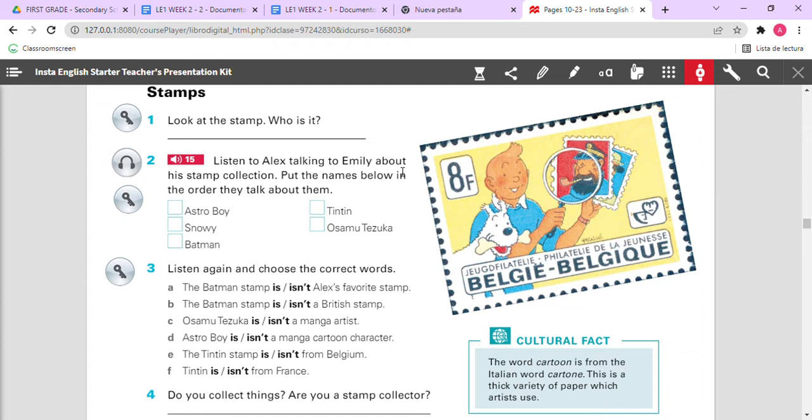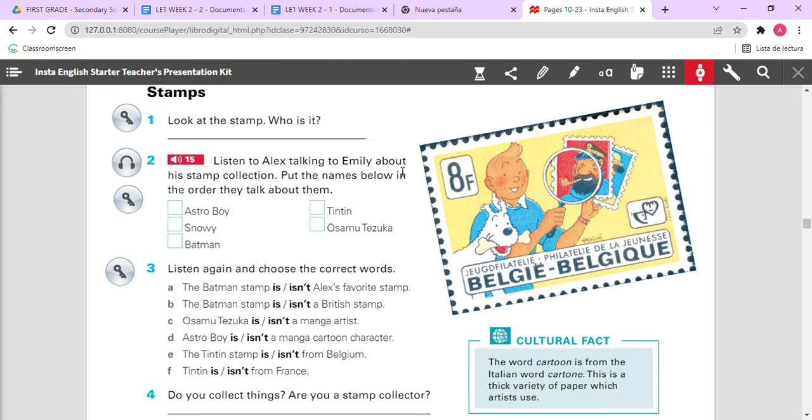The Batman stamp is a British stamp, or the Batman stamp isn't a British stamp. Osamu Tezuka is or Osamu Tezuka isn't a manga artist? Astro Boy is or Astro Boy isn't a manga cartoon character?